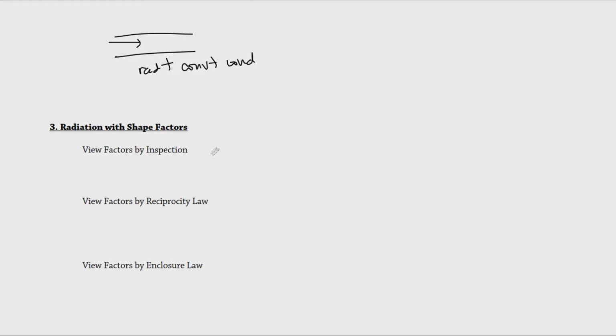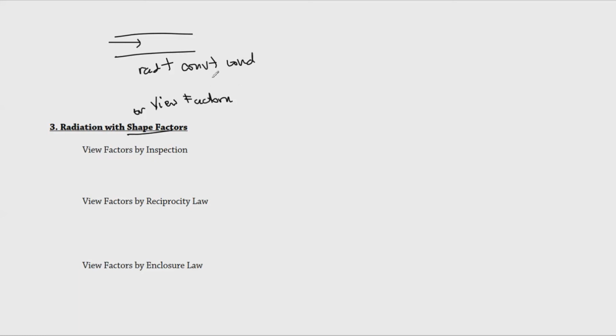Radiation is easy, but those problems that involve shape factors are not easy. It depends on the problem, but there are cases when you need to find this shape factor. Now, shape factors, or we can also call them the view factors.